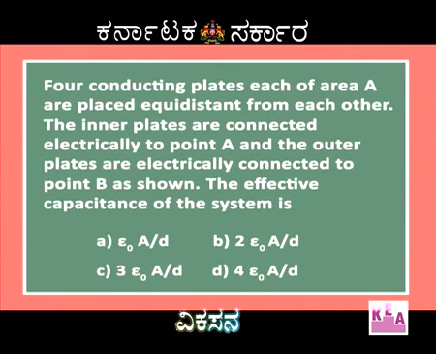The effective capacitance of the system is option A, epsilon 0A divided by D, option B, 2 epsilon 0A divided by D, option 3, 3 epsilon 0A divided by D, option 4, 4 epsilon 0A divided by D.